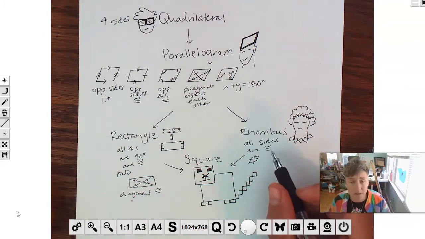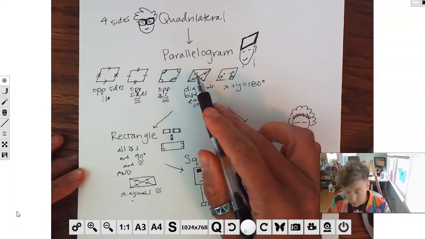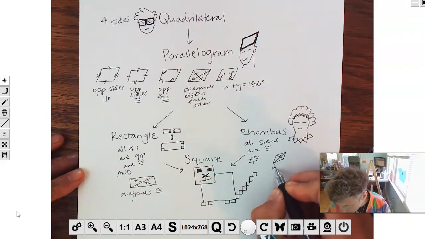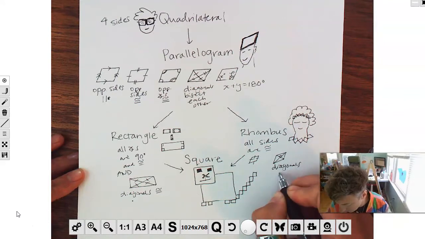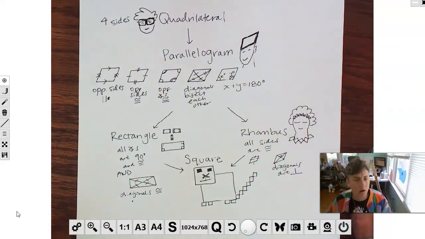And in a rhombus, the diagonals are perpendicular. So they still bisect each other, they're still parallelograms, but they are also perpendicular to each other. So they also meet at right angles. The diagonals are perpendicular. Okay, cool.